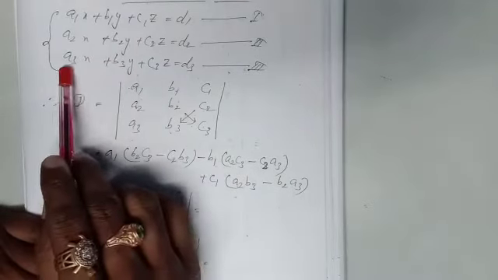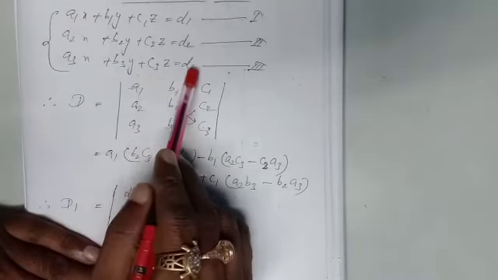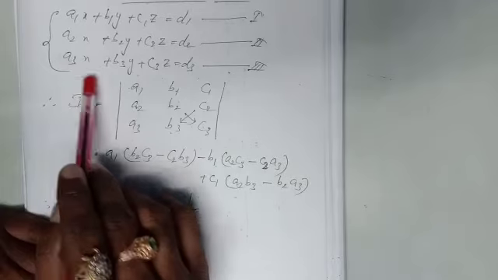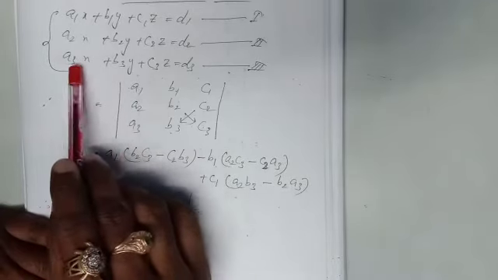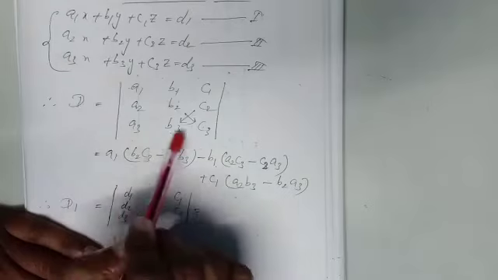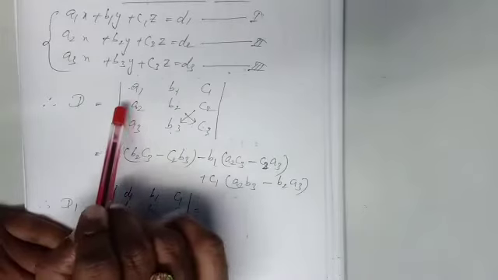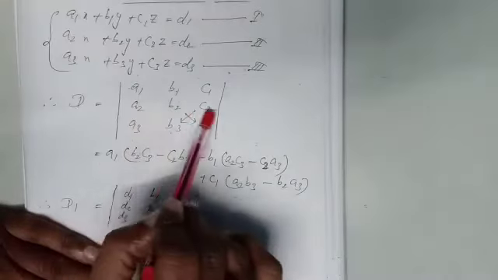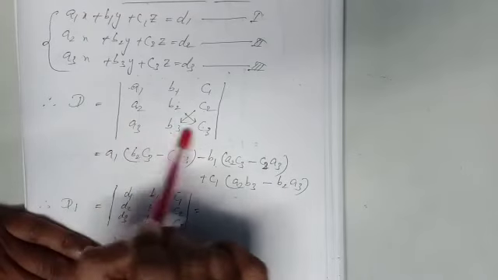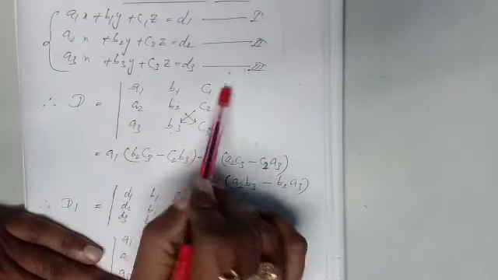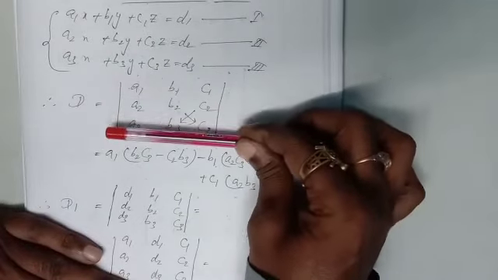Third equation, a3x plus b3y plus c3z equal to d3, coefficients a3, b3, c3. We are just deriving the formula here. You write them row wise: first equation in the first row, second equation in the second row, and third equation in the third row.